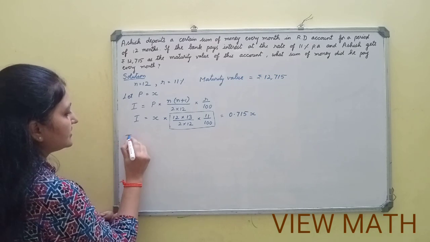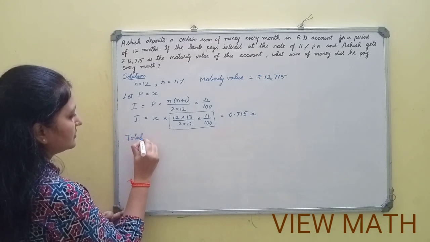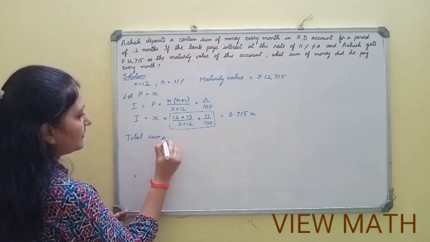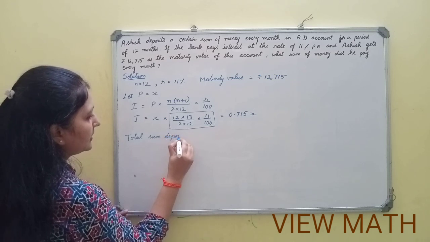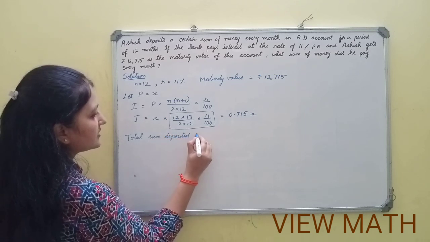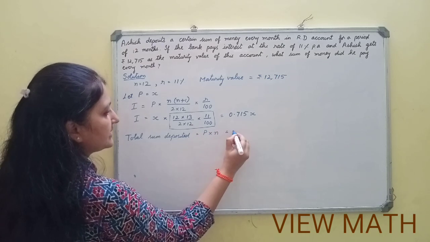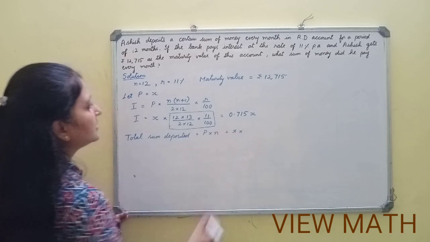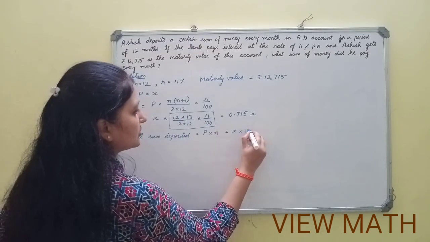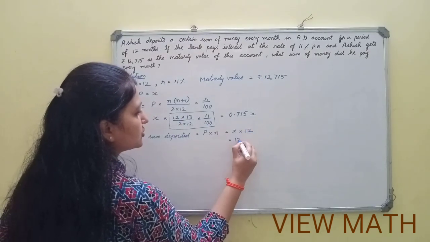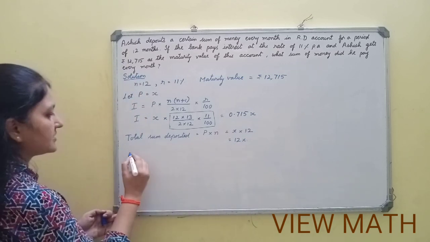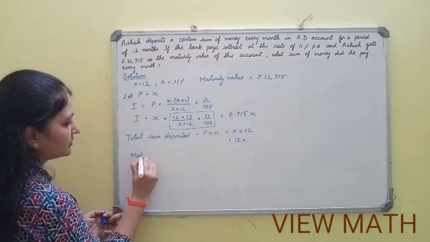Next, total sum deposited. Total sum deposited is equal to P into N. So I have taken P as X, so X into N value is 12. X into 12 is equal to 12X. Okay, next, maturity value.